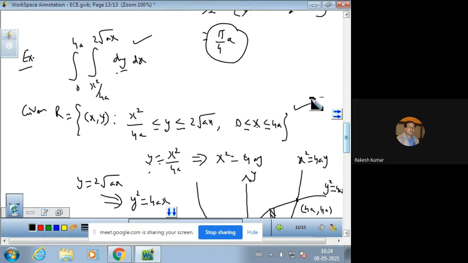So this is all about the topic of changing the order of integration. Similarly, you need to change the order and evaluate the double integrals. So we shall continue in the next class. Thank you very much.